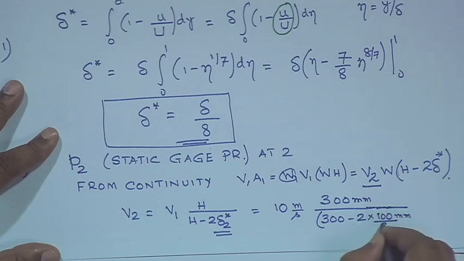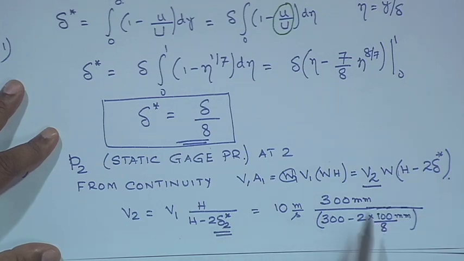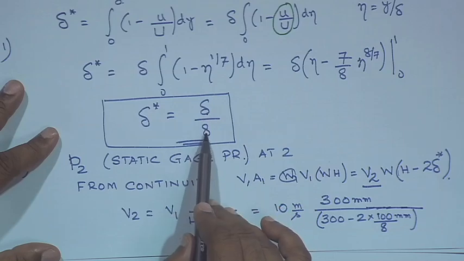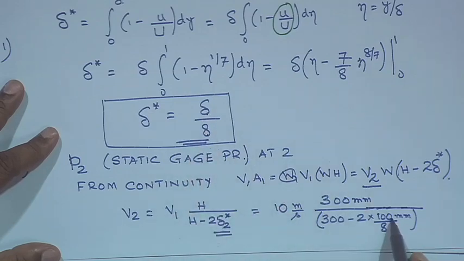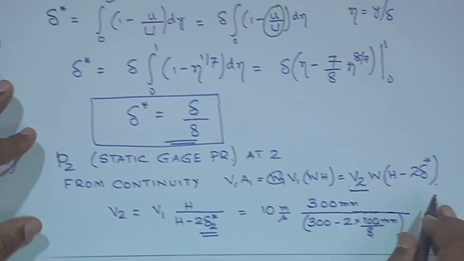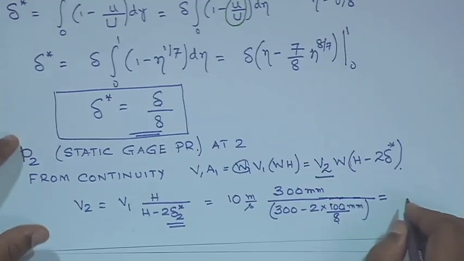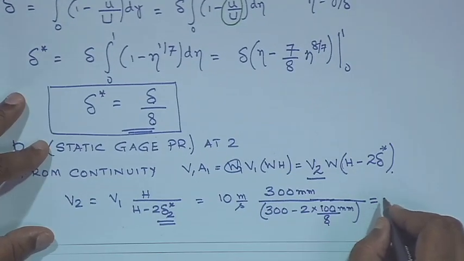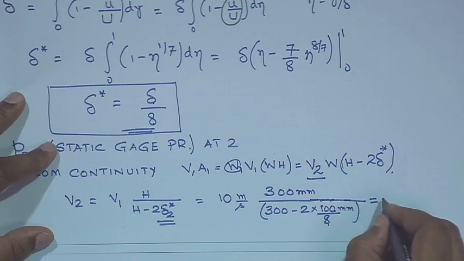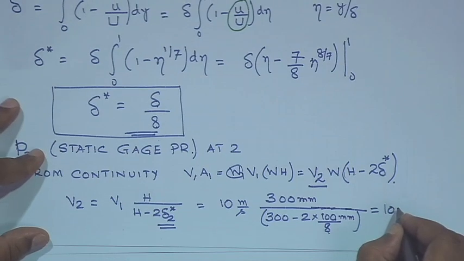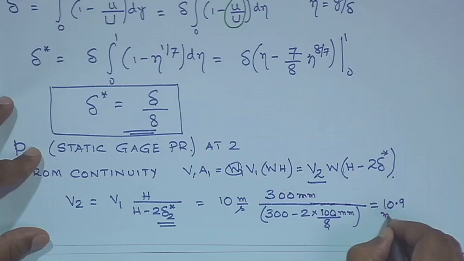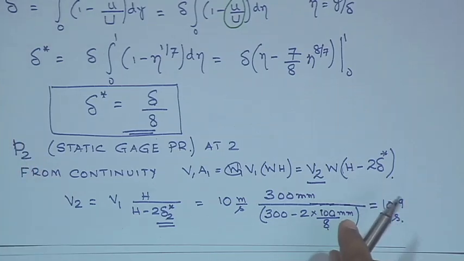So, delta 2 star is evaluated as delta 2 divided by 8. The value of delta 2 is 100 millimeters. So, divided by 8, and this would give you the free stream velocity, if I assume the flow to be inviscid, equal to 10.9 meter per second.